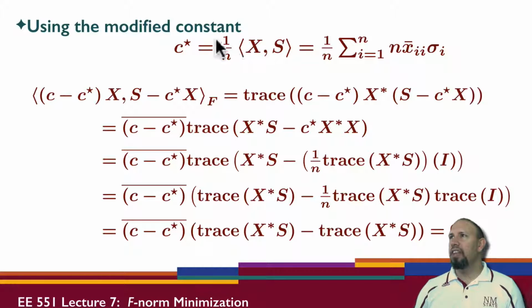Okay, it simplifies, and this quantity is just this. It's the sum of the average values of the X's in this matrix times the singular values. I'm sorry, this is the sum of the diagonal elements of this product. All right, so that's what this is.